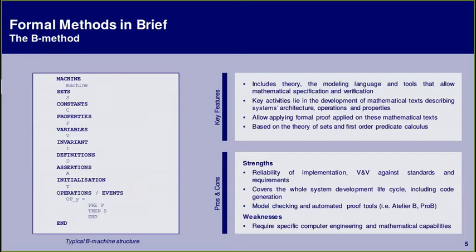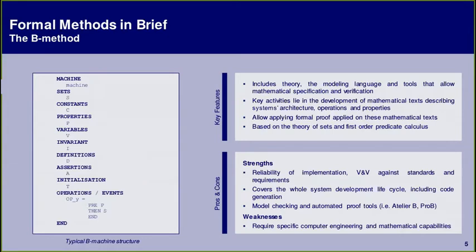The strengths of the B method are reliability of implementation, and compliance against standards and requirements. It covers the whole system development life cycle, including code generation. Model checking and automated proof tools, for example Atelier B and ProB.